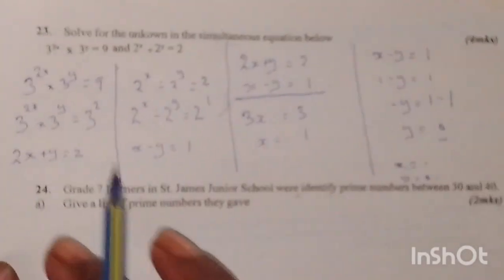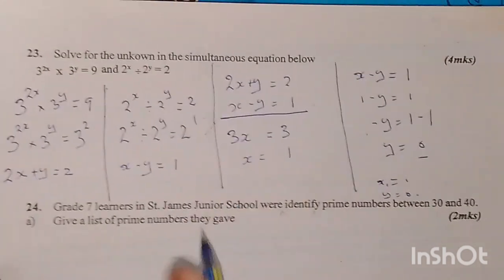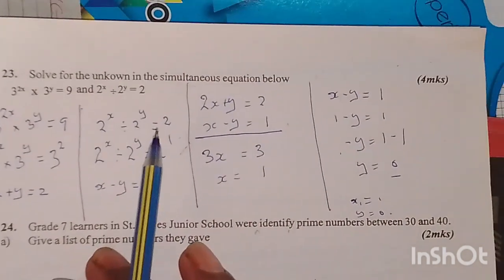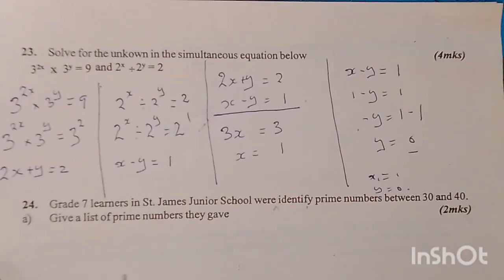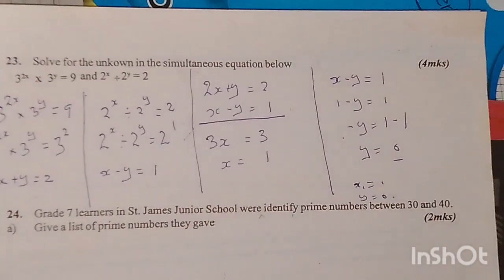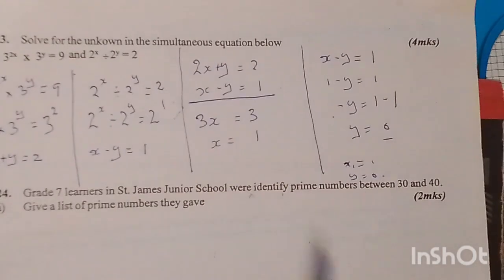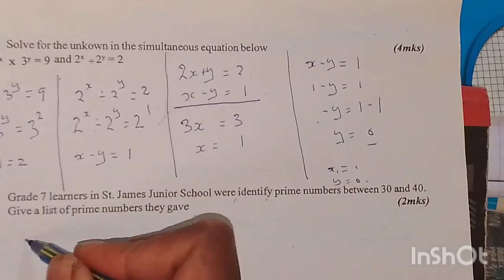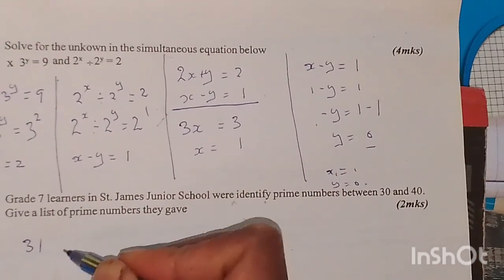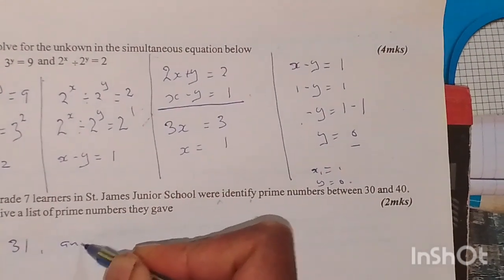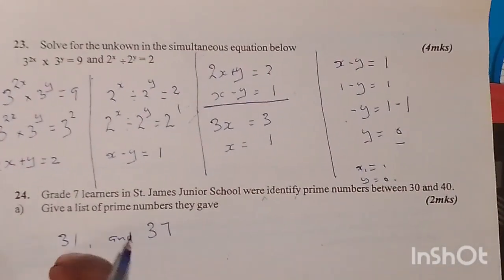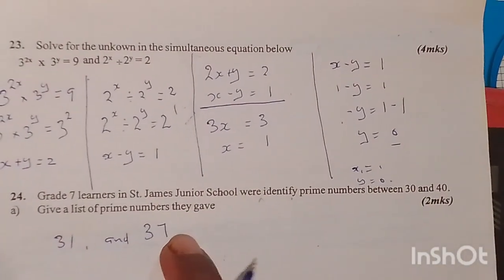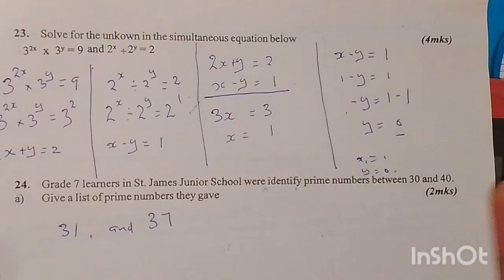Let's define a prime number. A prime number is a number that is divisible by 1 and itself only. But 1 and 0 are not prime numbers. Between 30 and 40, the prime numbers are 31 and 37, because 31 is only divisible by 1 and itself, and 37 is only divisible by 1 and itself.